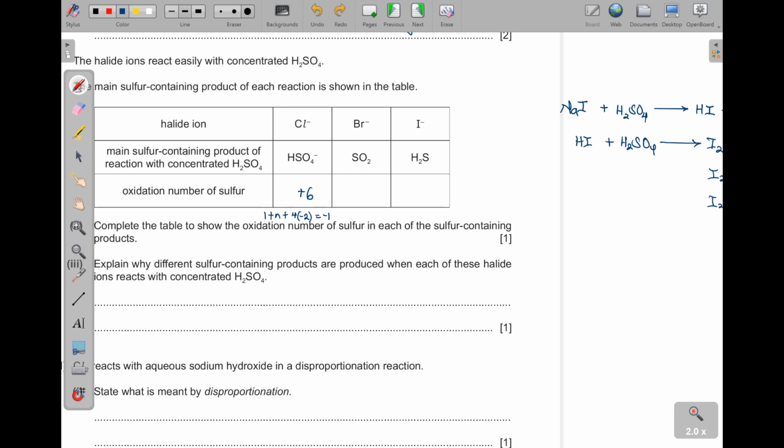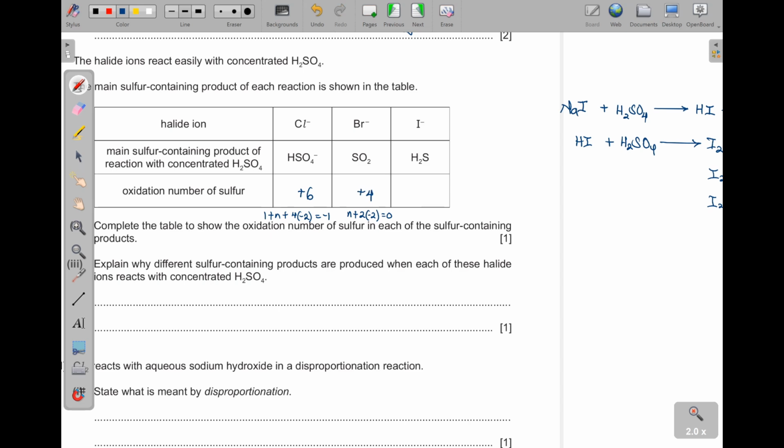And then here, we are going to have N for sulfur. These are 2 oxygens, each of them -2 here. And then we equate this one to 0 because there is no overall charge here. This is -4. N minus 4 is equal to 0. When the 4 crosses, it becomes +4.